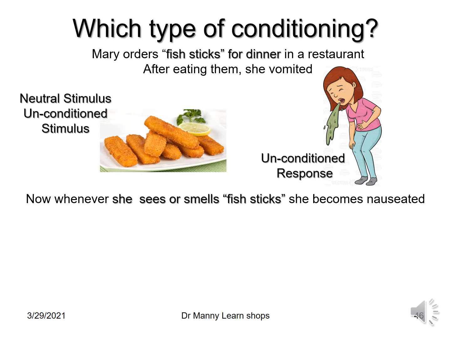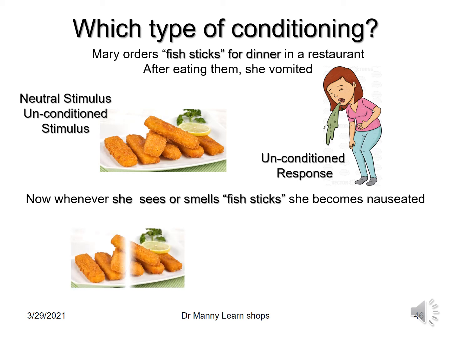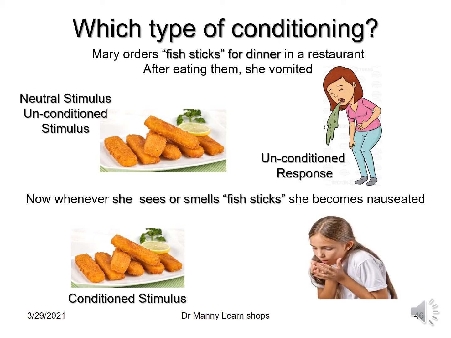Now, even though it's meant to be repetitive, it may only need to happen once. I can certainly identify that. Now, whenever she sees or smells fish sticks, she becomes nauseated and starts to gag. Fish sticks, the conditioned stimulus, associated with the nausea, and she starts to vomit or gag, the conditioned response. This is classical conditioning.